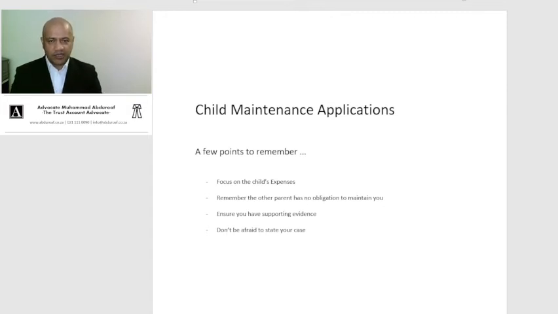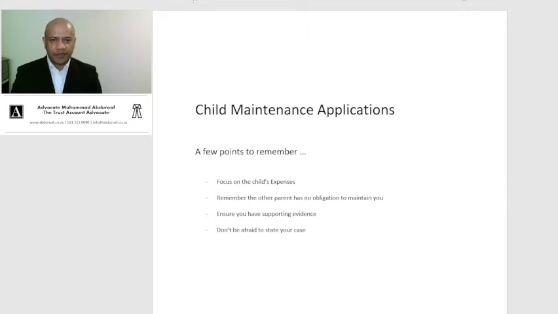And the reason why I'm saying so is because, as I mentioned earlier on, let us move to point number 2. Remember, the other parent has no obligation to maintain you. Very important to note.